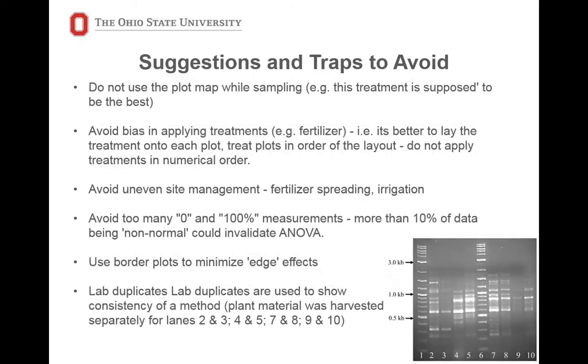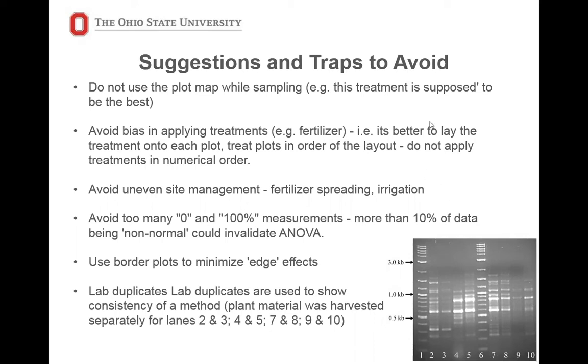We should avoid using the plot map when we're sampling. There's an implicit bias that if we are looking at the treatments, we may be biased to favoring some treatments rather than others. Say we're counting insects and we count some treatments more carefully than other treatments.